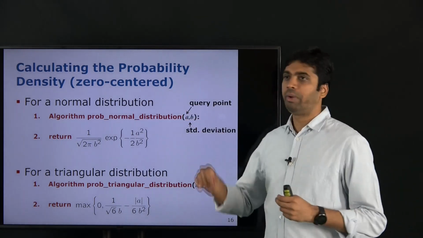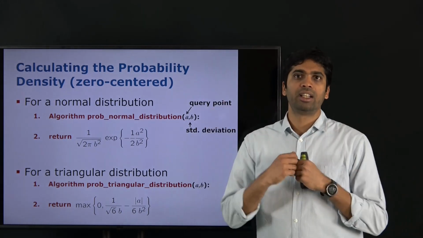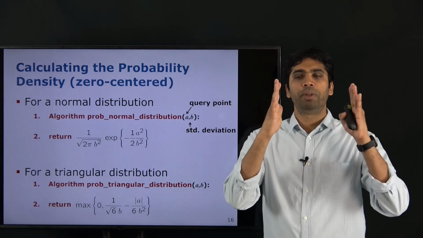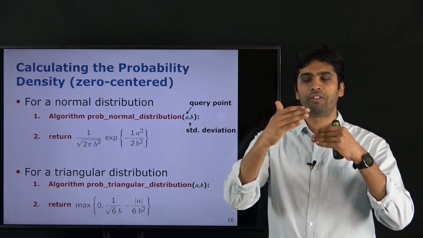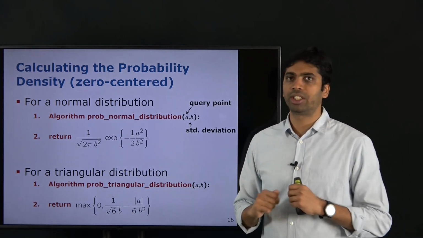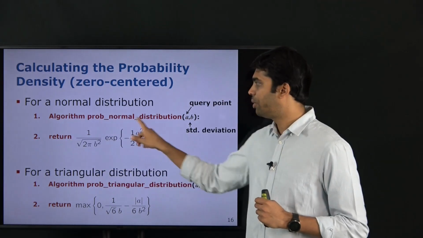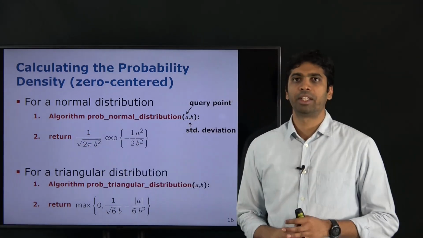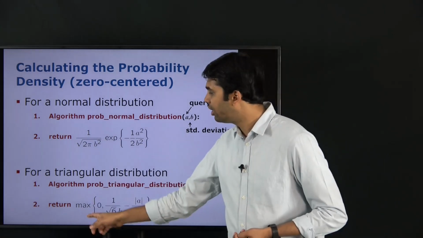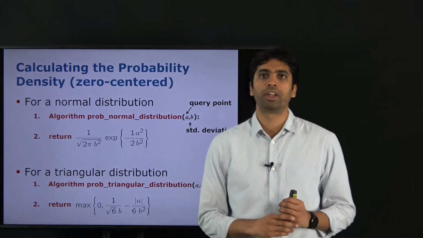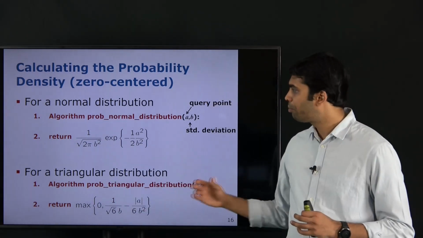The query point would be for any given x. So x minus x prime is how far you are away from your mean expectation. For that particular query point, this would be the probability given by the normal equations, and similarly, if you use a triangular distribution, this would be that particular probability.